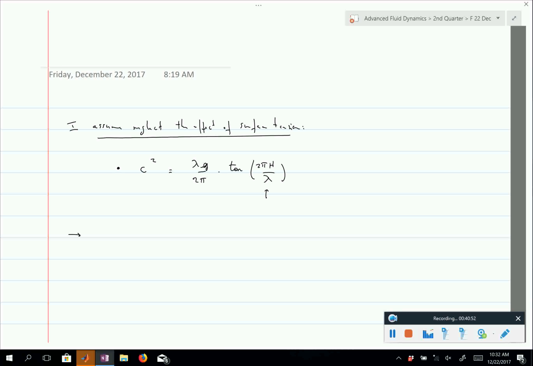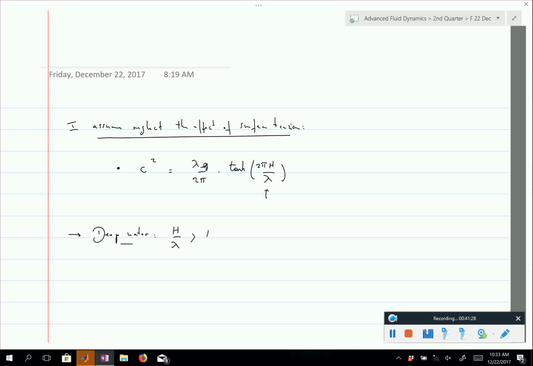So we'll first assume that you have deep water. And of course, it's always deep water compared to which length? It's compared to our wavelength. So when h divided by lambda is really large. Actually it doesn't take h to be too much larger than lambda. So let's say it's larger than 1 or larger than just a few units. Right? So do you remember, this is a hyperbolic tangent. Do you remember what hyperbolic tangent becomes when x becomes large? It becomes 1. Right?